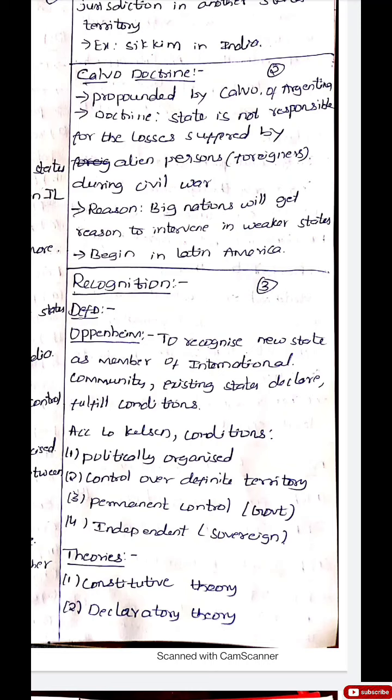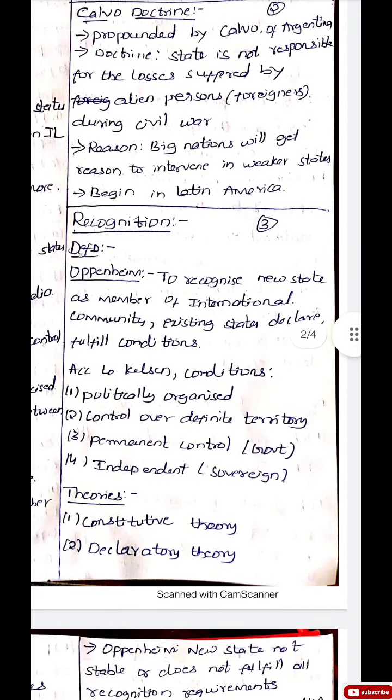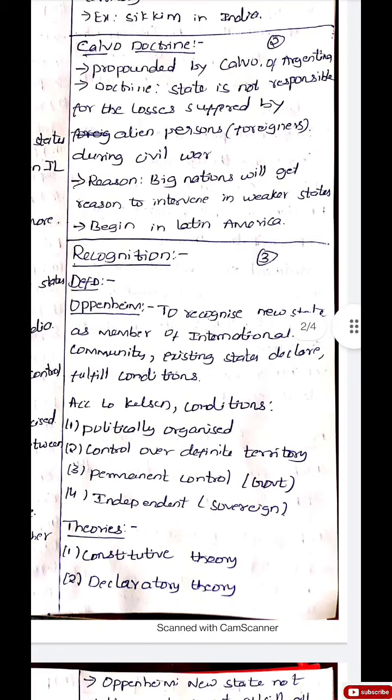Then the state is not responsible for it. Why? If the state takes responsibility for foreigners' losses during civil wars, then the big nations will try to interfere in weaker states' affairs. This doctrine began in Latin America. It has been asked as a short note.